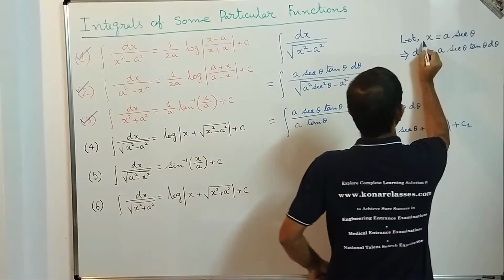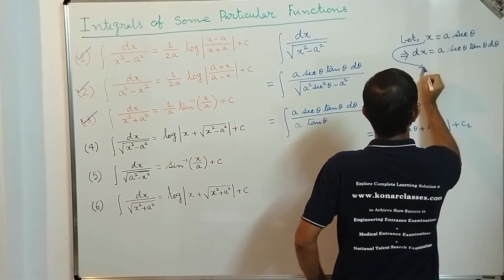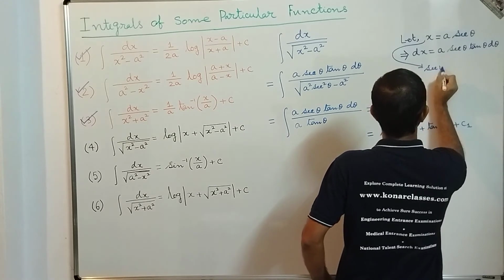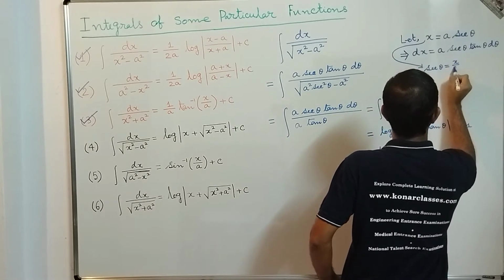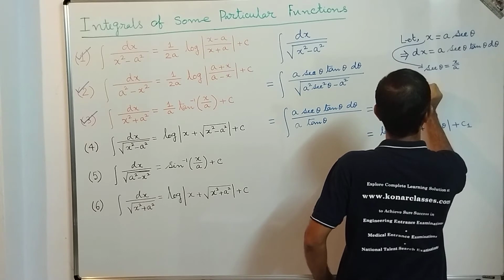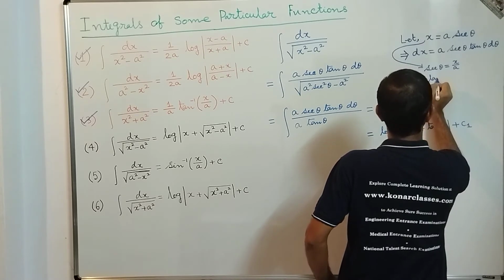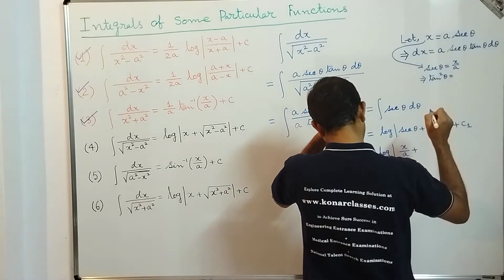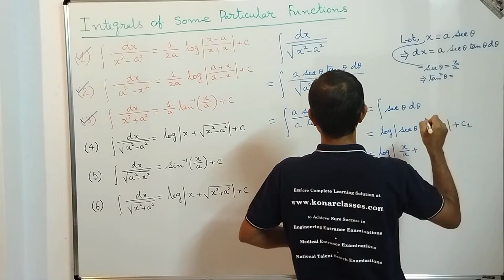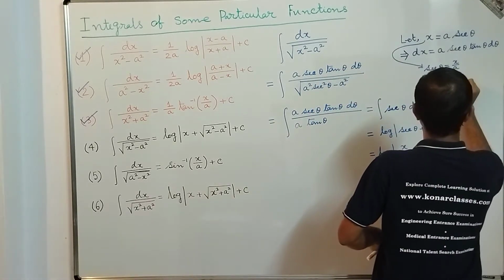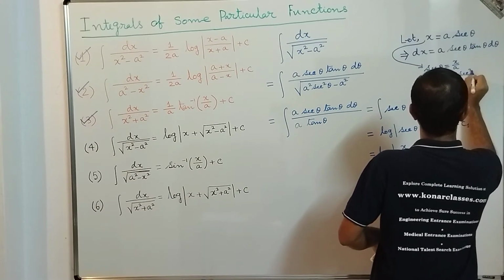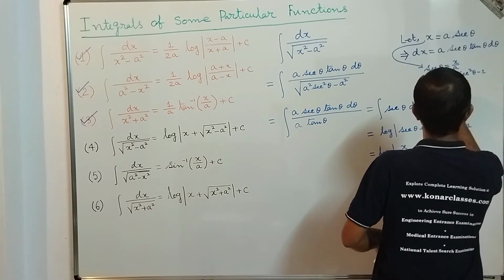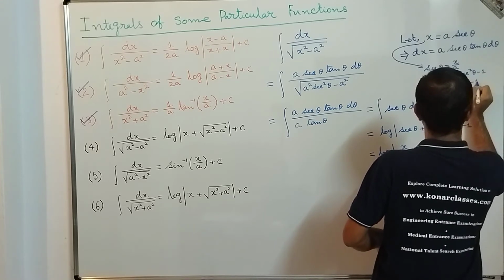From here what we get is that sec theta is equal to x by a. That means tan square theta is equal to sec square theta minus 1, that is equal to what? x square by a square minus 1.